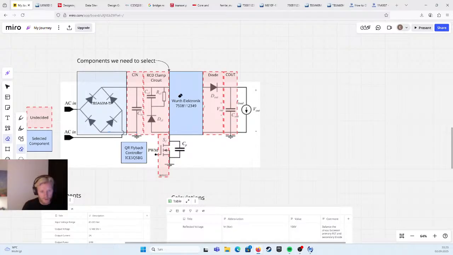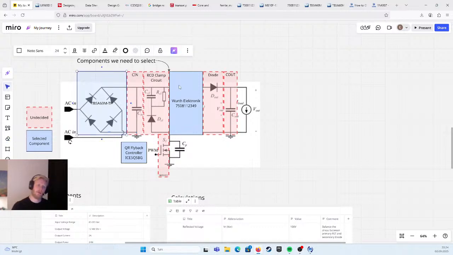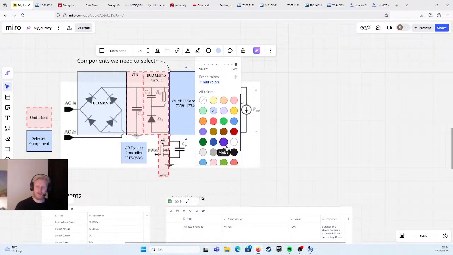And then the current, we're designing for maximum 2 amps. And this one was 6, so we're above that. Okay. Should keep this.